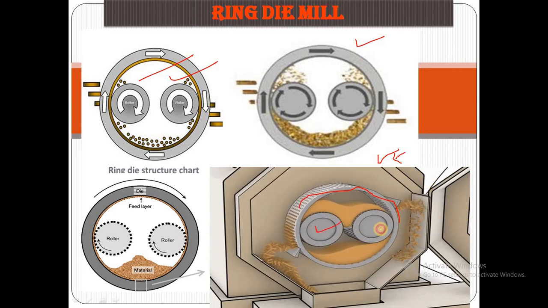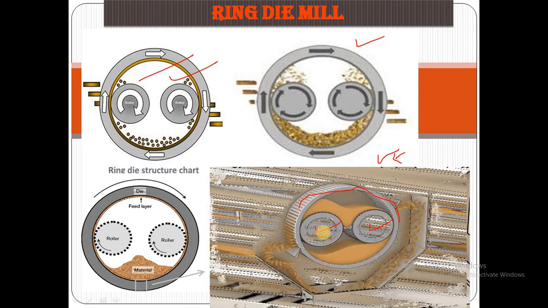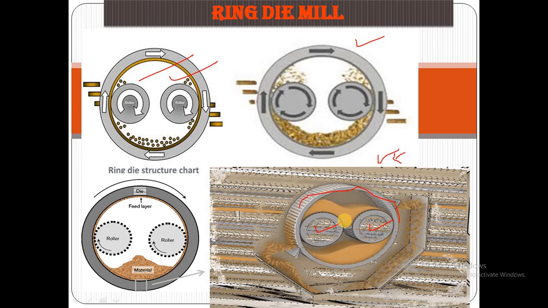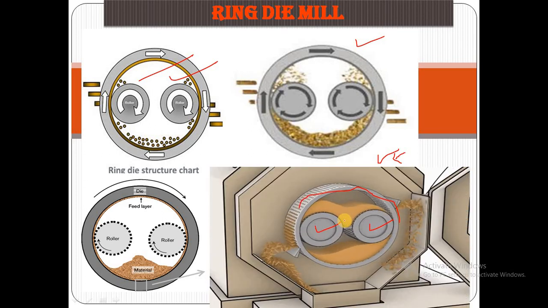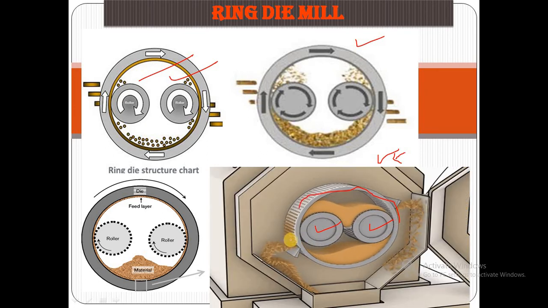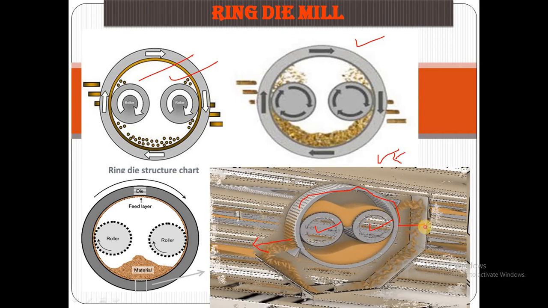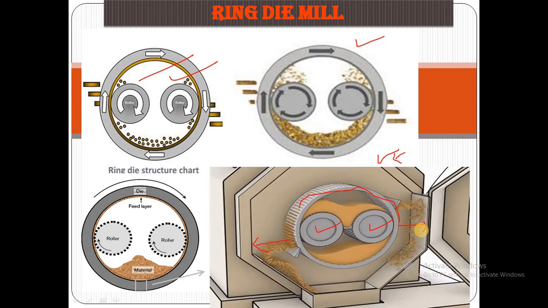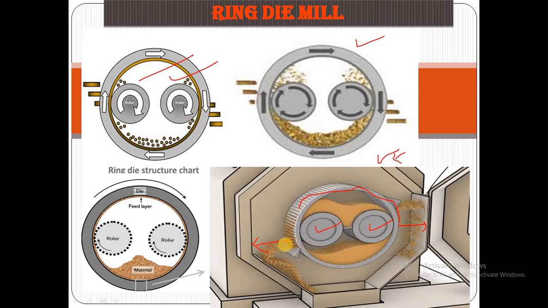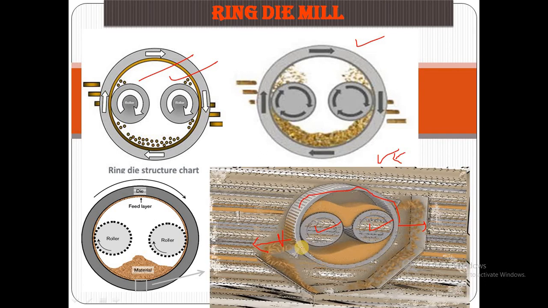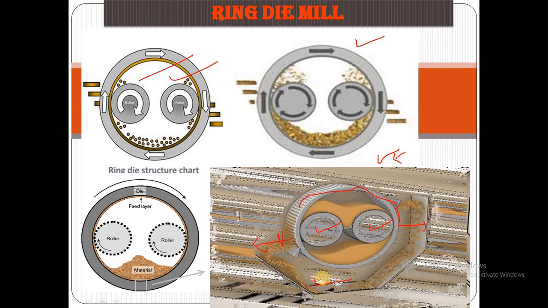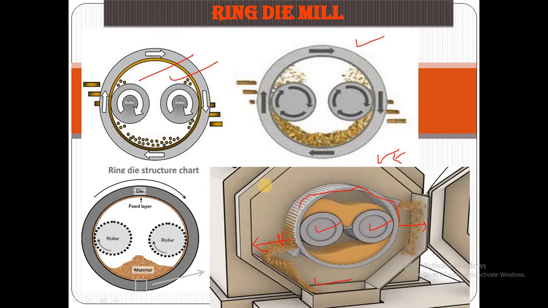In this diagram there are two rollers which compress the powder, and after compression they push it through the die holes, and the compressed powder exits through the die holes like this. Then two cutters are used to cut the pellets free from outside the die. After cutting, we get pellet particles of definite shape and size. So this is the working principle of the ring die mill.